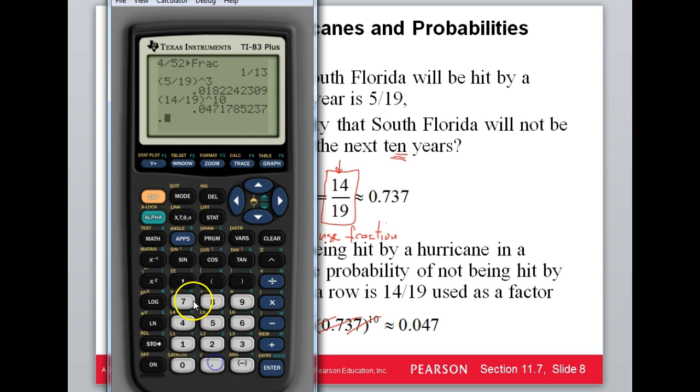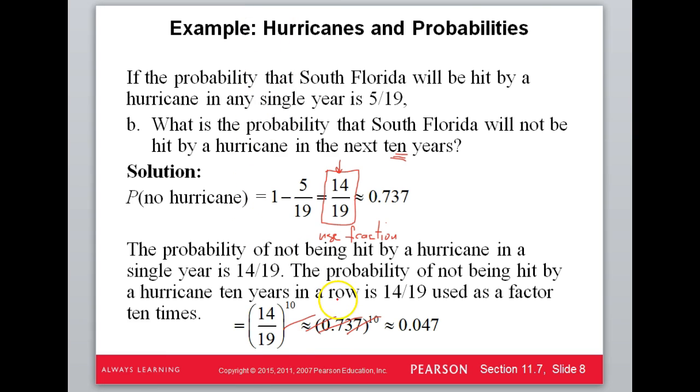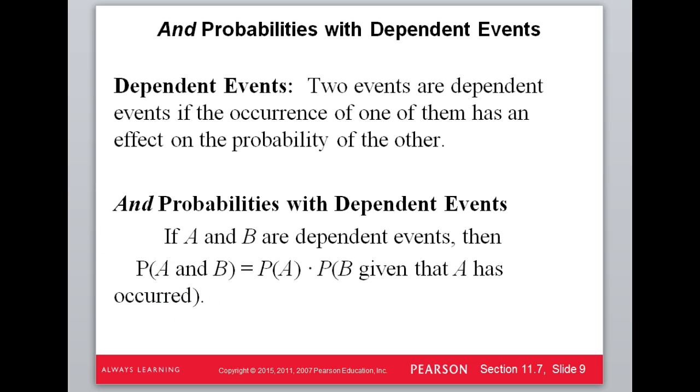Alright, and then they did 0.737 to the 10th, and they're getting 0.046. This is a little bit different. And this is 0.0473047. The 3 places ended up being the same. But you have to be careful when you're using decimals when you're raising them to powers. If you've rounded them one time, it's like you're rounding them all 10 times.